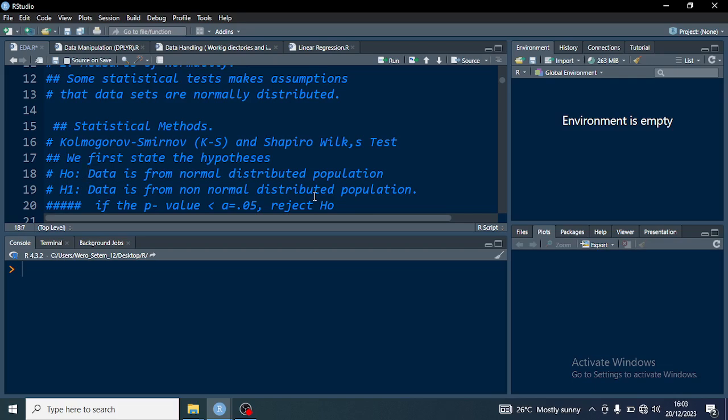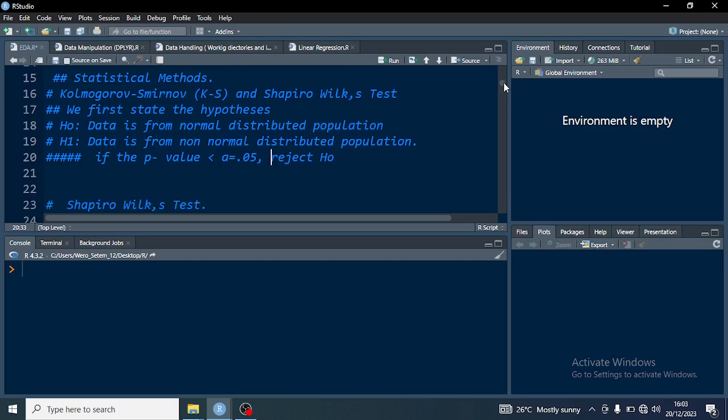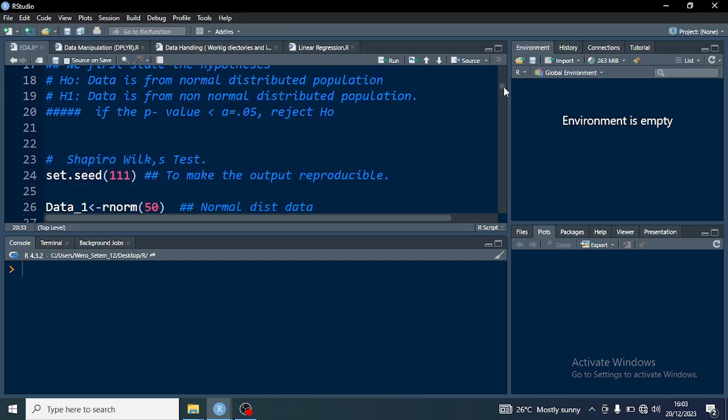We have to choose our alpha value, our significance level, and we'll be using the default significance level, which is the 95% or 0.05 significance level. If the p-value is less than 0.05, we reject the null hypothesis.